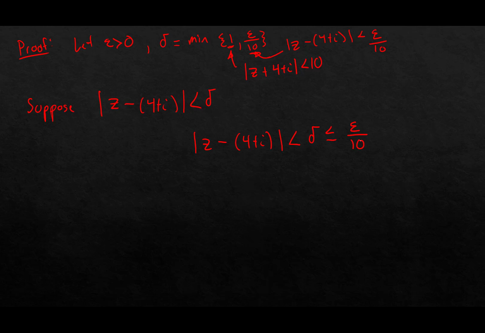Now multiplying both sides by 10, we get epsilon on this side, and now we have a 10 on this side.